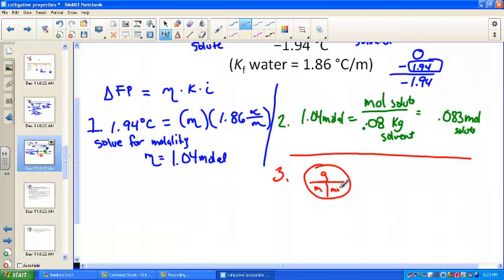Moles is grams over molar mass. Round little buddy: grams over formula weight is a mole, m-o-l for mole. Well, we know this. We know grams of solute and we know moles of solute. This is what we're being asked to solve for, the molar mass.